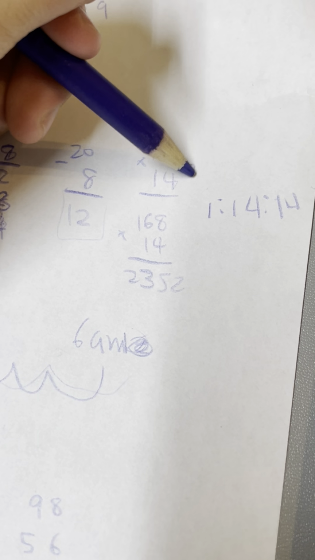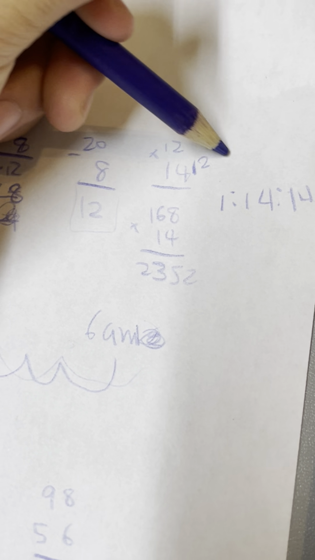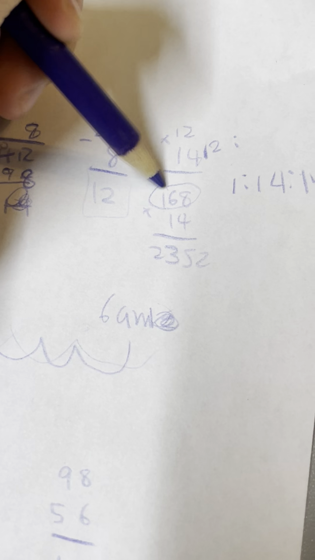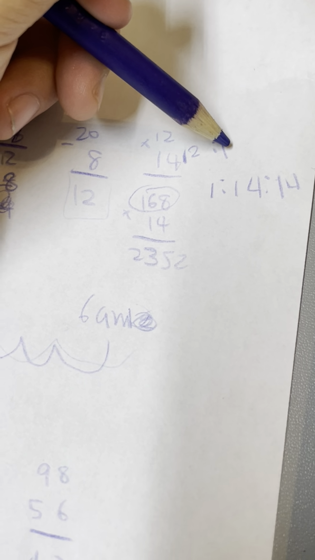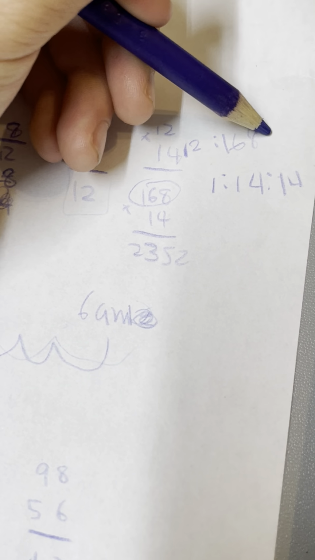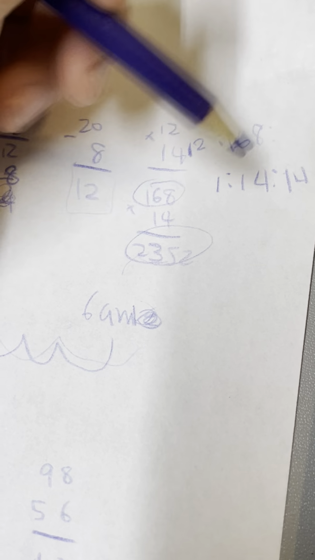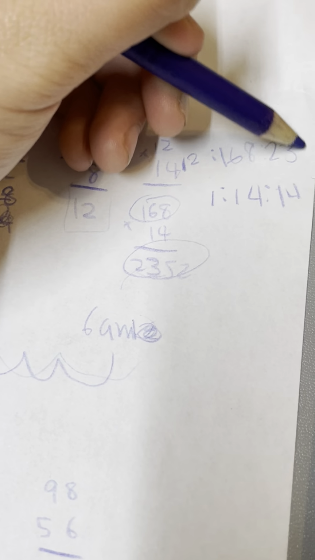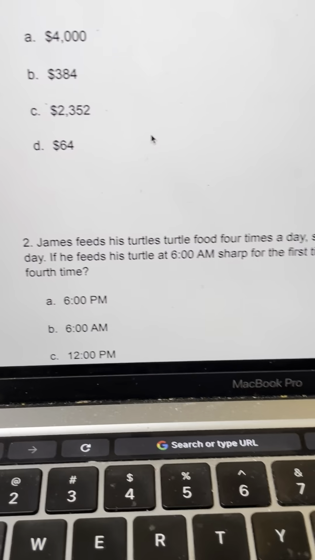So first we would get 12 and then multiply that by 14, which would be 168, and multiply that, which would get us 372, which would be number C.